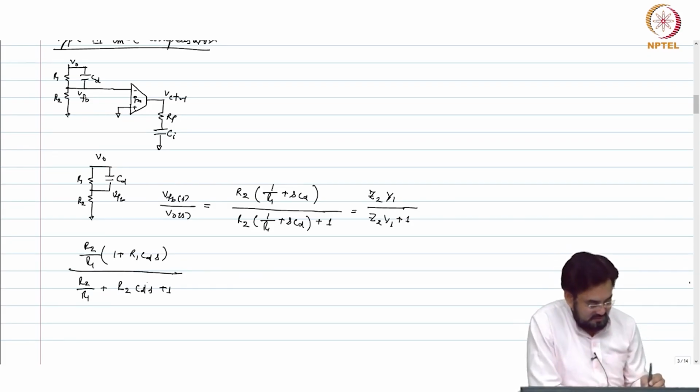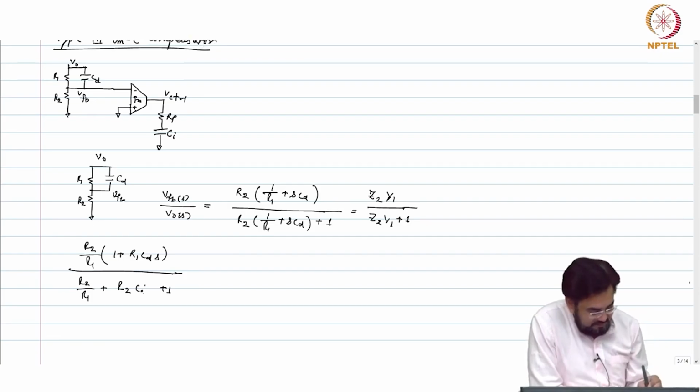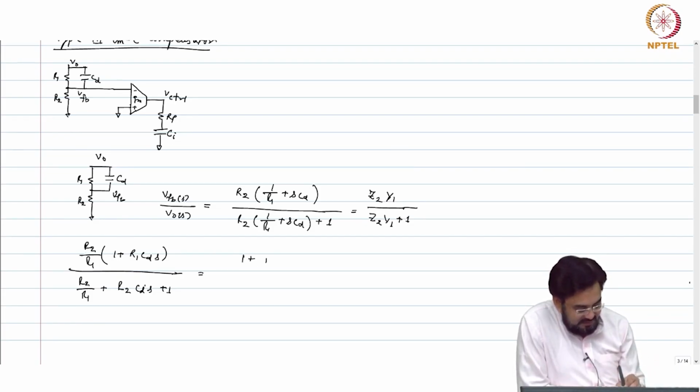So if I take R2 by R1 common, you will have R1 CDS divided by 1 plus R1 R2 by R1 plus R2 CD.